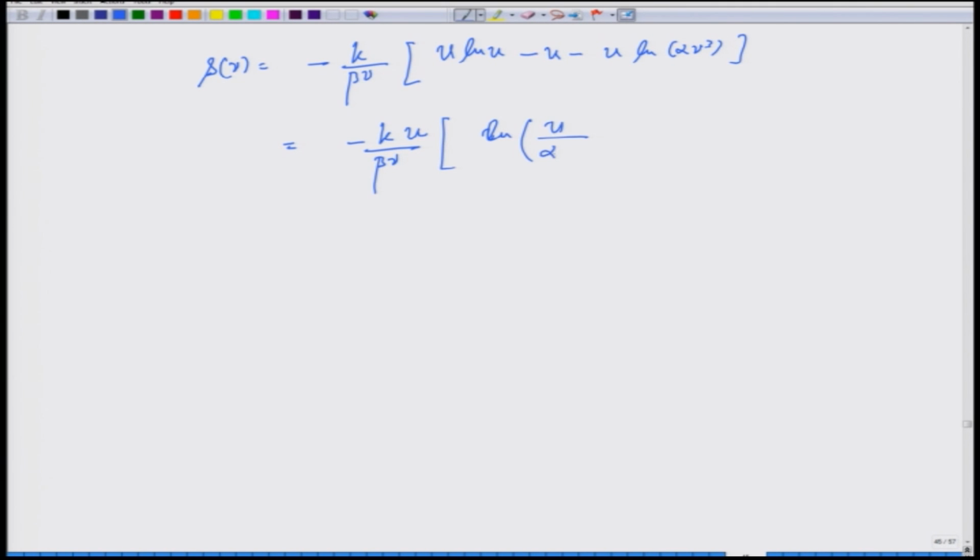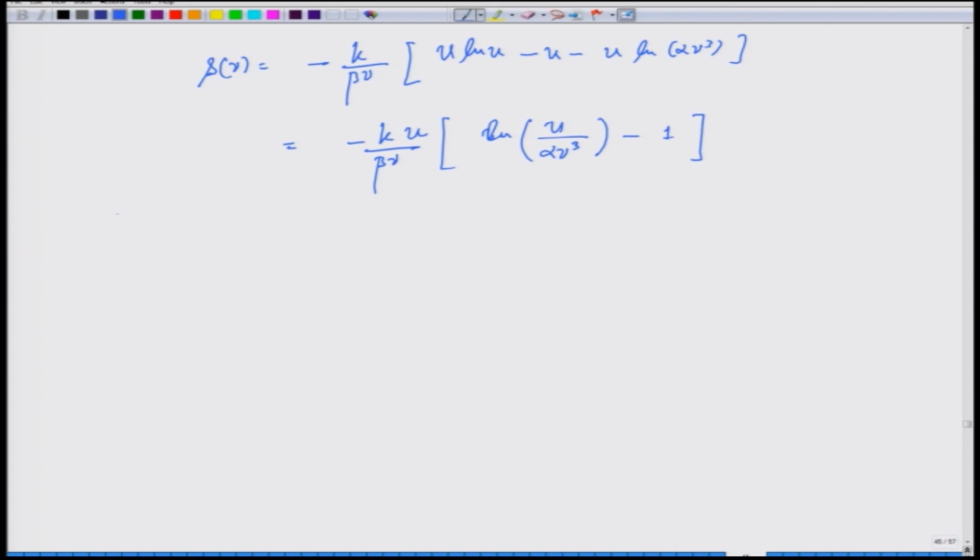We have s nu equals minus k over beta nu, inside I get u log u minus u log of alpha nu cubed, which I can write as minus k over beta nu, u I can take out, log of u over alpha nu cubed minus 1. This is s nu. This is the entropy density.